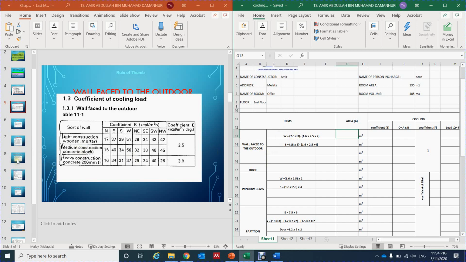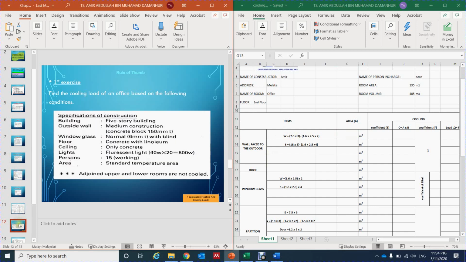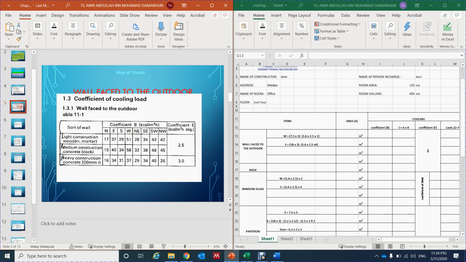So the specification of the building here is that the outside wall is medium construction. So let's look into the medium construction, and then the west. The coefficient of B here for the west is medium construction, and then it is west.